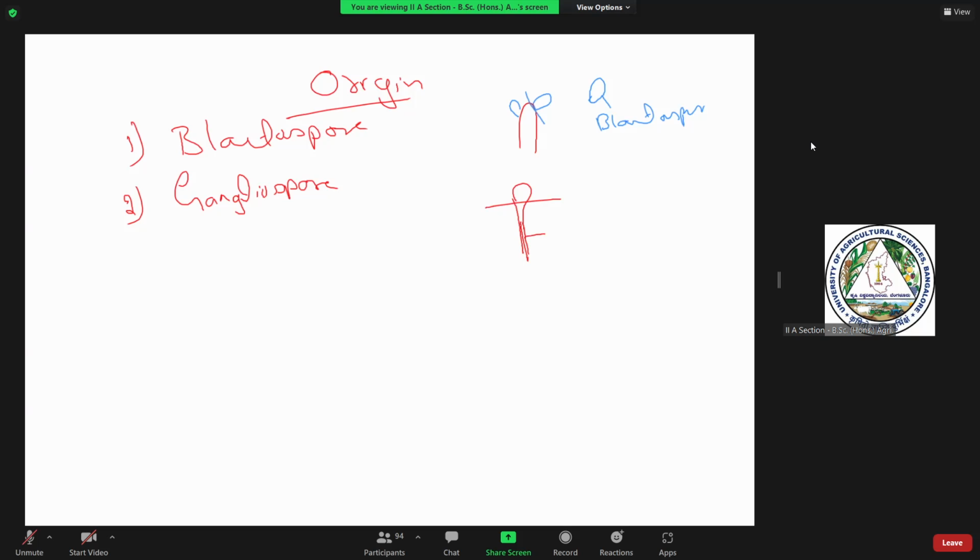This is the conidiophore, and this is the swollen structure of the conidiophore or a hypha. This will cut off and behave like a so-called gangliospore.